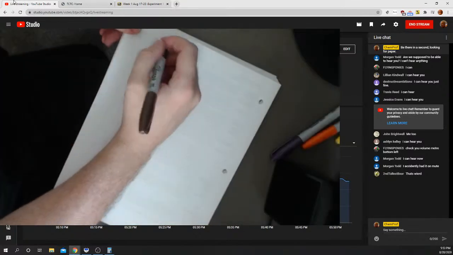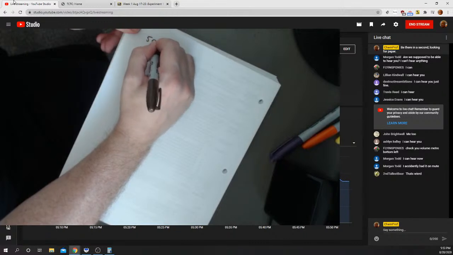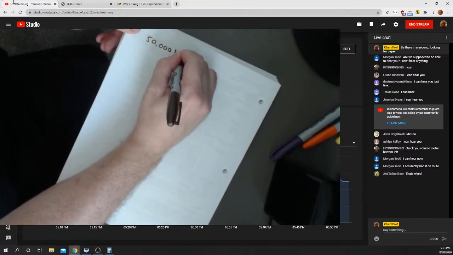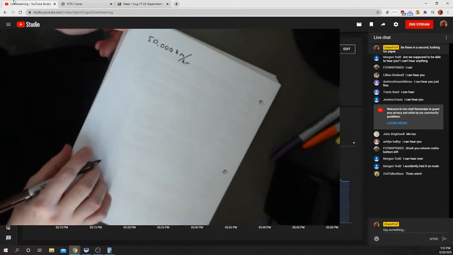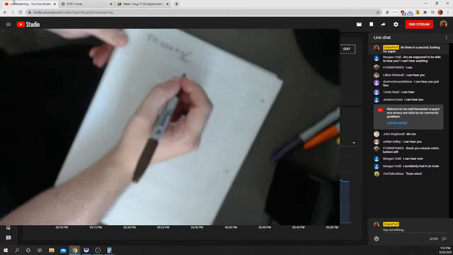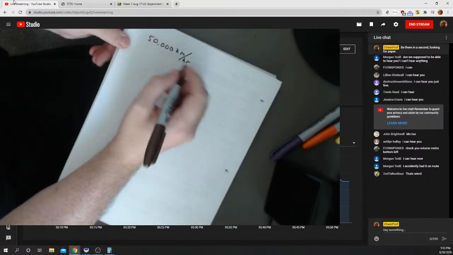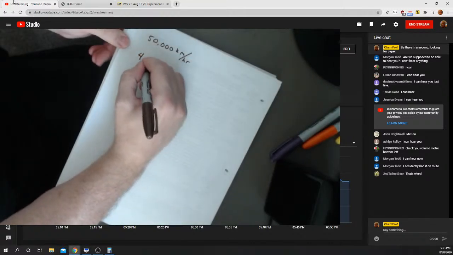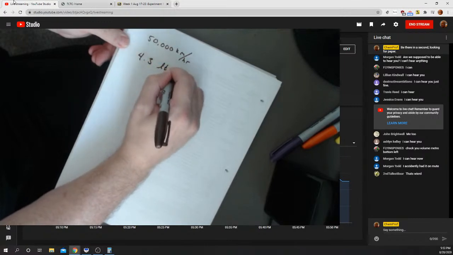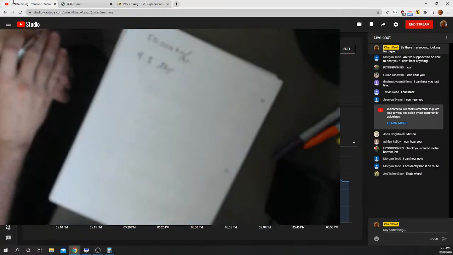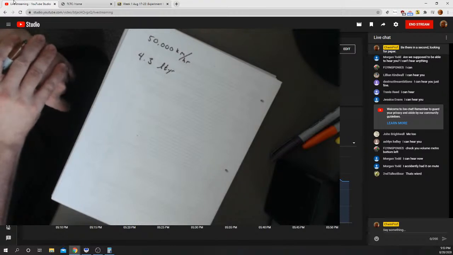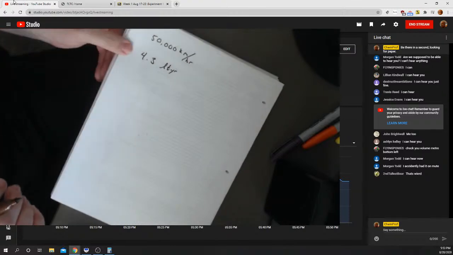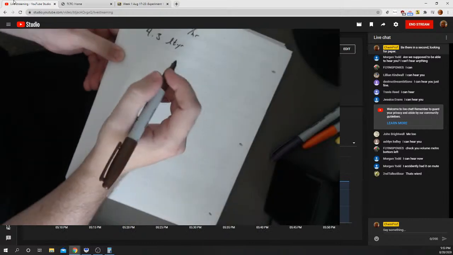We sent it hurtling toward the sun, and it ended up going about 50,000 kilometers per hour. The distance from Earth to our nearest star is about 4.3 light years. So how long would it take the heliotrope orbiter to get to Alpha Centauri? Or Proxima Centauri.